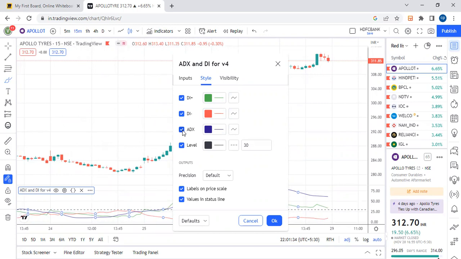This ADX level's default value is 20. Above 20, normally we consider it is trending. So I am changing the level to 30.